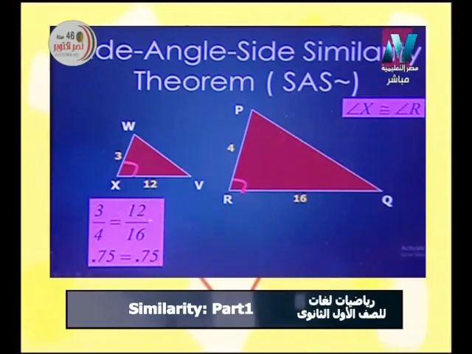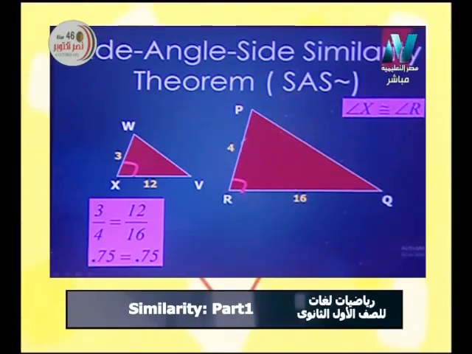Look at this proportional 3/4 here equals 12/16 equals 0.75, or 3/4. Okay, this angle X equals this angle R, and it is the included angle between the two sides WX and XV, and this angle R is included between PR and RQ.